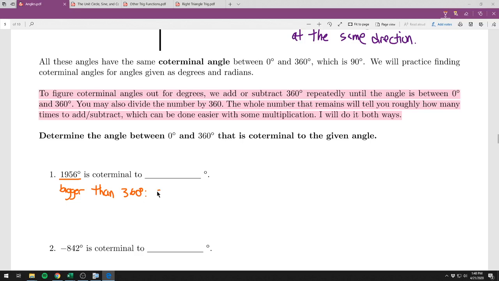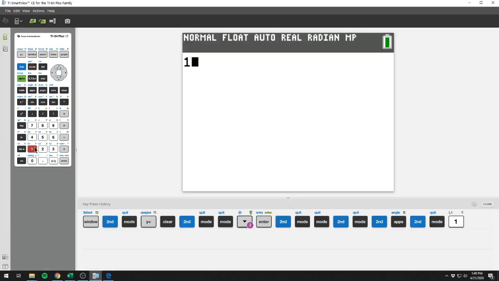So what we want to do is subtract 360 degrees repeatedly until it is between 0 and 360 degrees. Right, this will always work. You can't be bigger than 360 and then the next time you subtract be smaller than 360. So I'll do it that way first in the calculator.